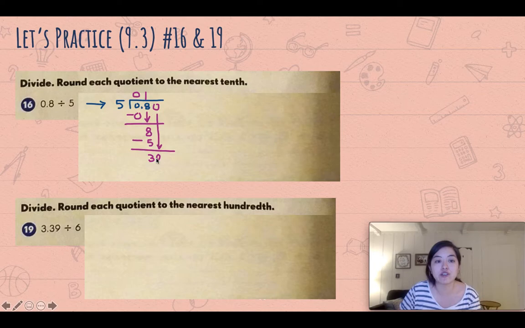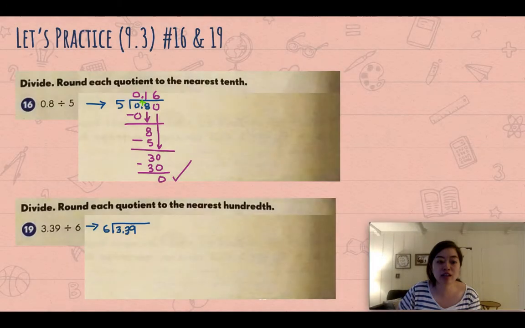So now I have a 30. 5 times what gets me 30? That's 6. So 5 times 6 gets me 30. I'm going to subtract 30 from 30, and I get 0. But I'm not done, because I have to put my decimal point in the same spot right there. Now I'm done. Okay, so 0.8 divided by 5 is 0.16.